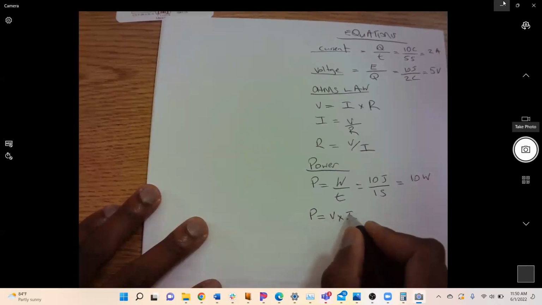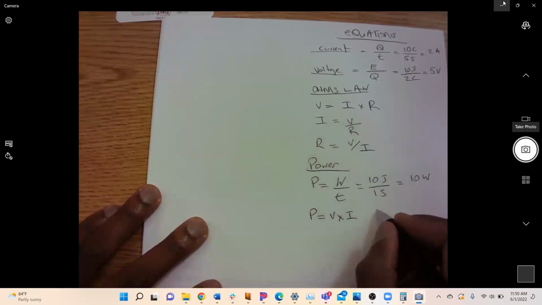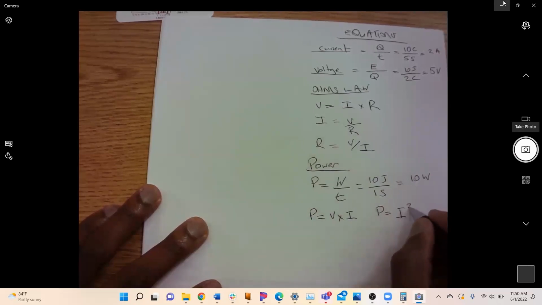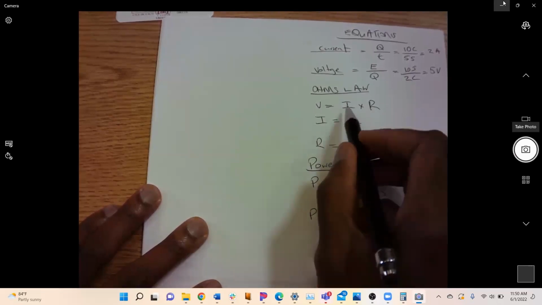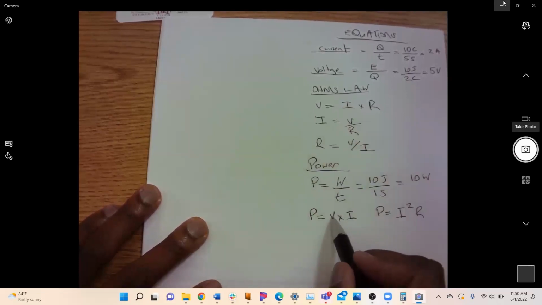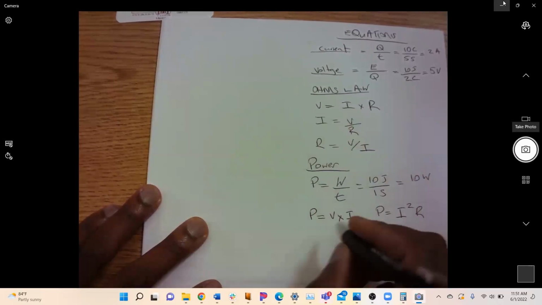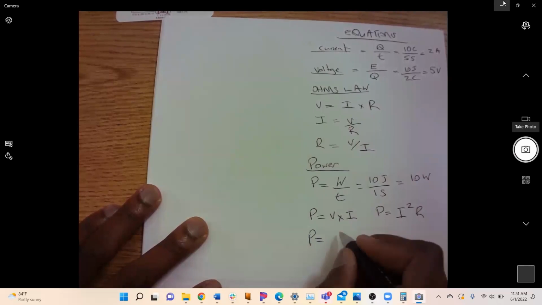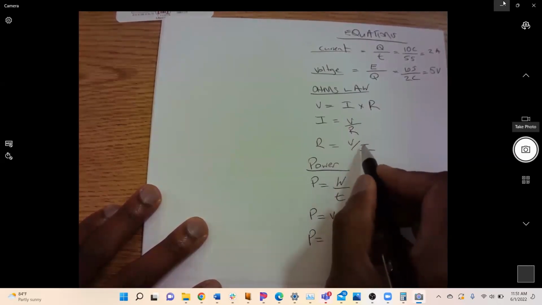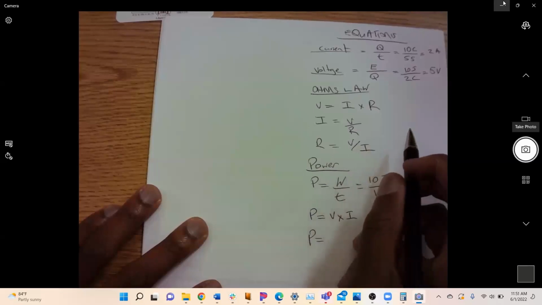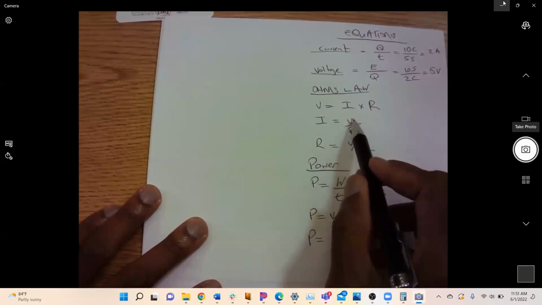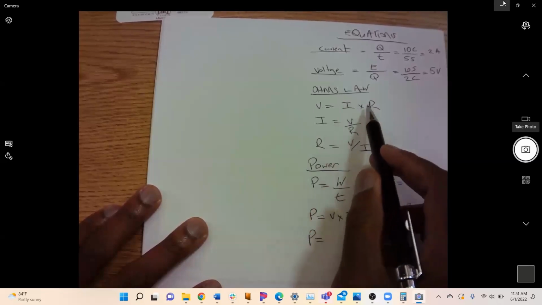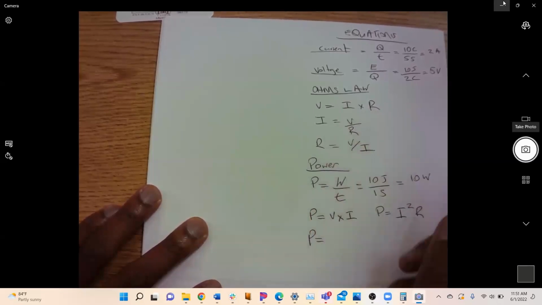Again, if you substitute Ohm's law in here for voltage, if you replace voltage with I times R, you're going to have I times R times I, so power is equal to I squared R. We also said that power is equal to voltage squared over R. If you replace current with V over R, you're going to have V times V over R, so we have V squared over R. So these are the 3 equations we use for power.